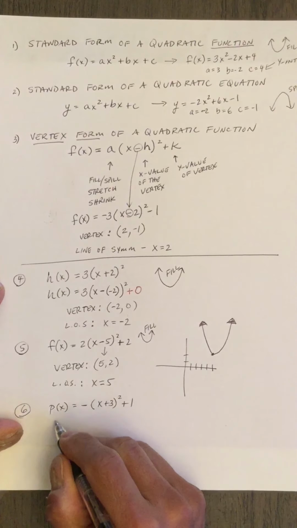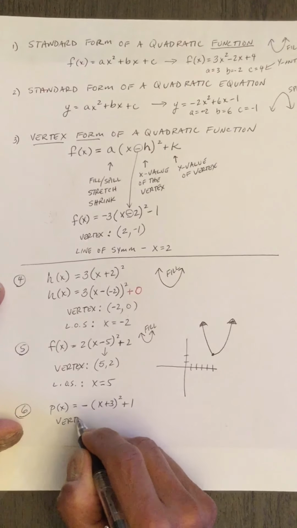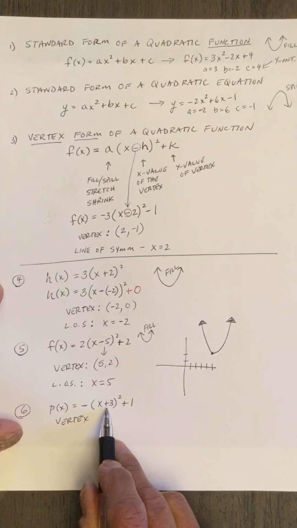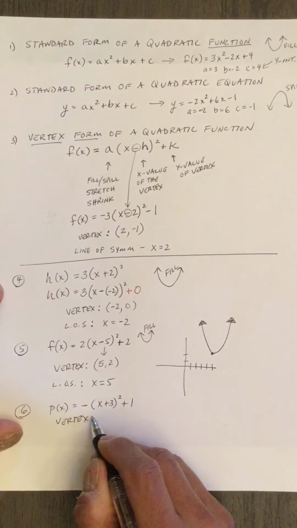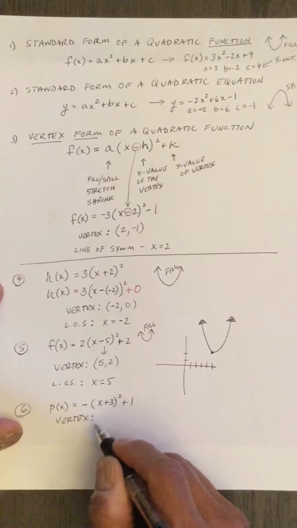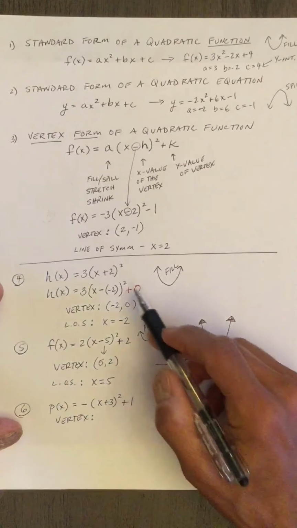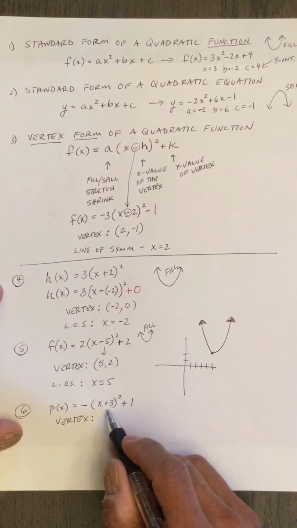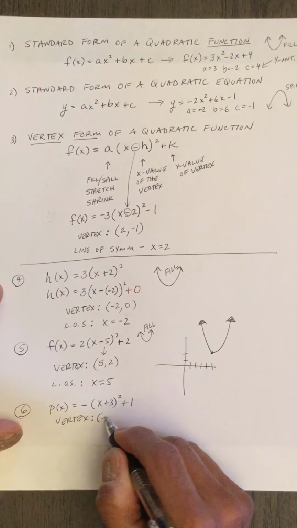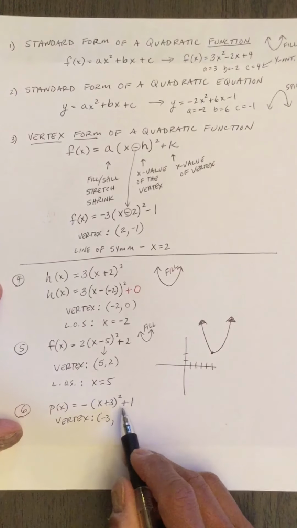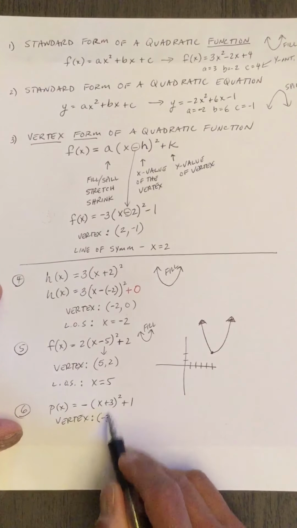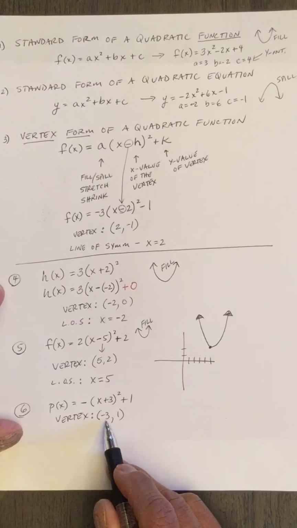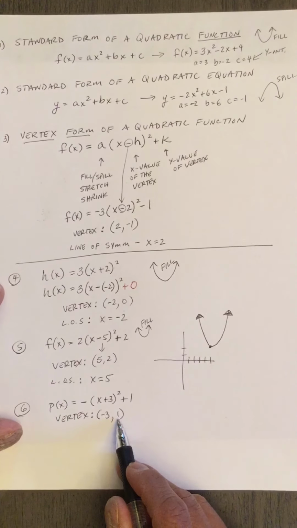And here's the shortcut. My vertex is, if I look at this number, see right here it says plus 3. If I just think of the opposite of that, so I can take this minus sign into account. What's the opposite of plus 3? It's negative 3, right? You take the opposite of this one, and this stays the same. So there's my vertex. My vertex is at (negative 3, 1).